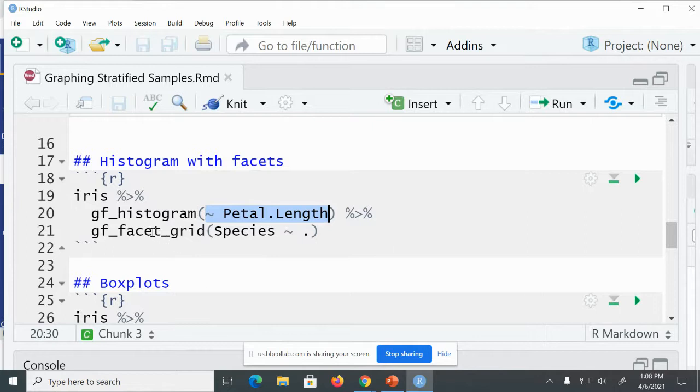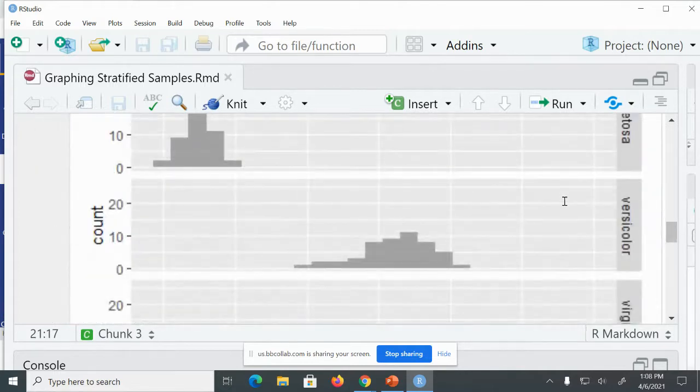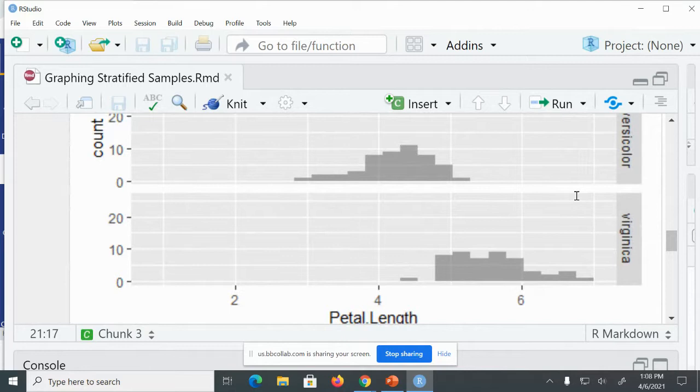But in the next function, gf_facet_grid, so this is creating the different subplots, one for each species. Here we can put something before or after or both relative to the squiggle. So if we do it like this, we have species squiggle dot. That's going to put the species as the variable that controls the vertical arrangement of the graphs. So that looks like this graph that we saw last time.